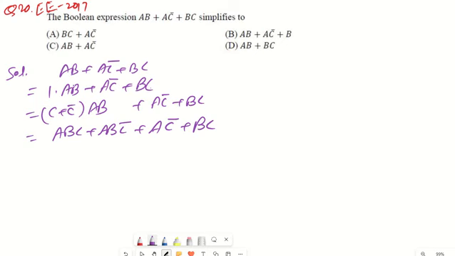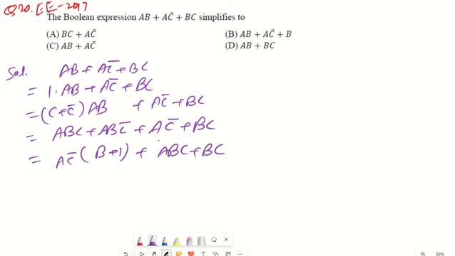Then what will happen if I take AC bar as common? You can see AC bar is there, right? From the middle two terms I will take AC bar common, so I will get AC bar into (B plus 1) plus ABC plus BC.